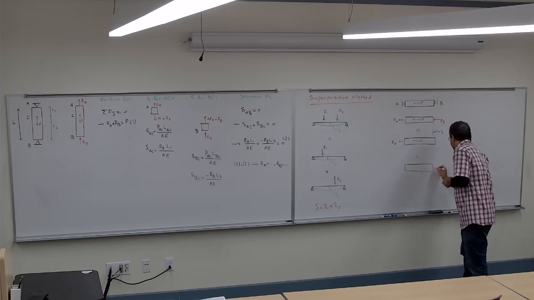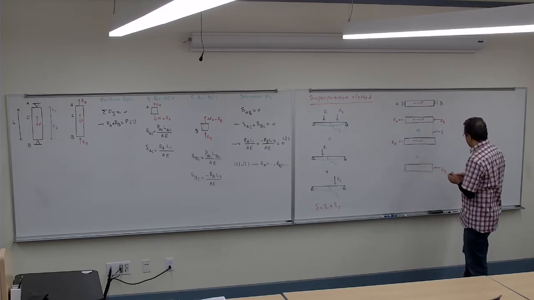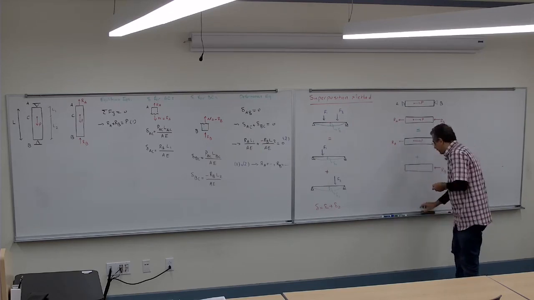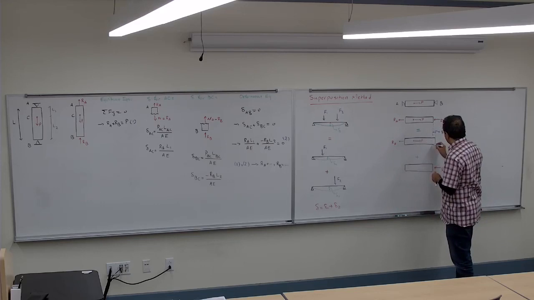So if I put the RB here, the RB should push it back to where it was originally, correct?